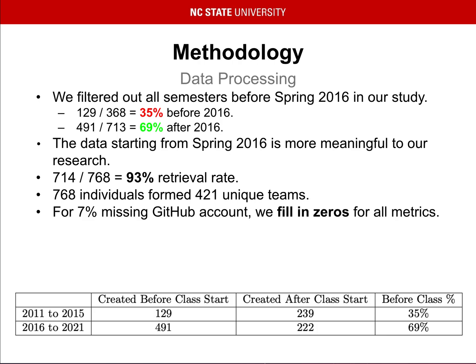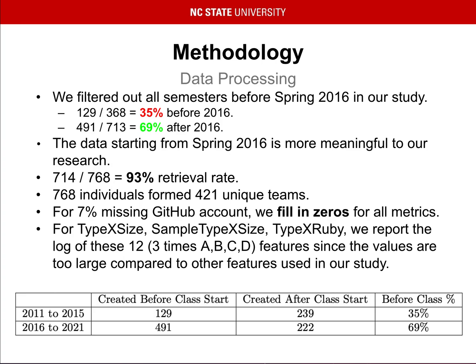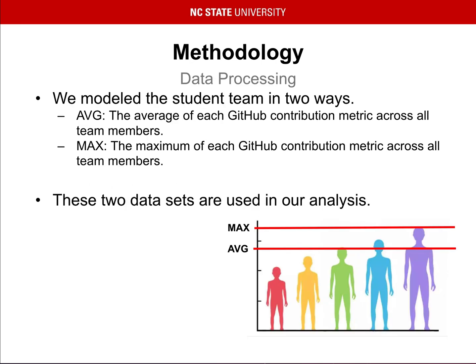For repository size metrics, we reported the log of the values since they are too large compared to other features used in our study. This concludes how we manipulate the raw data. Since we want to discuss team instead of individual performance in this study, we model our teams in 2 ways with the raw data we collected.